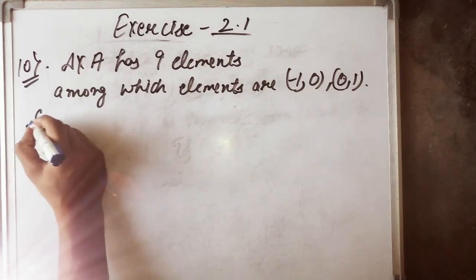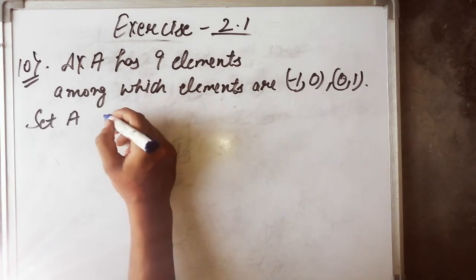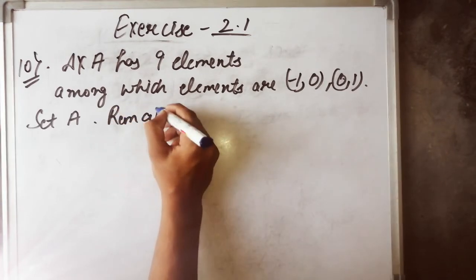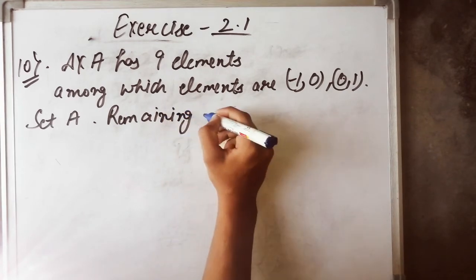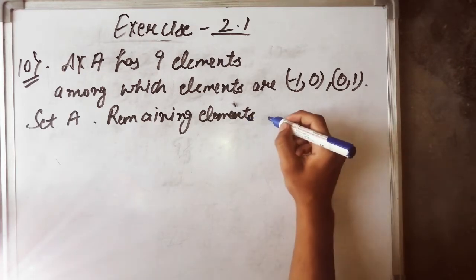Find set A and the remaining elements of A cross A.